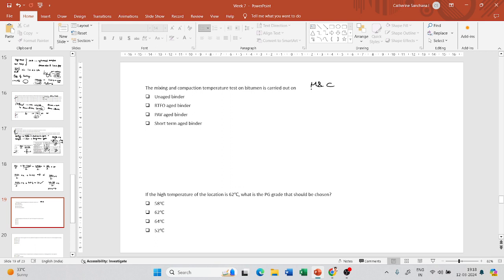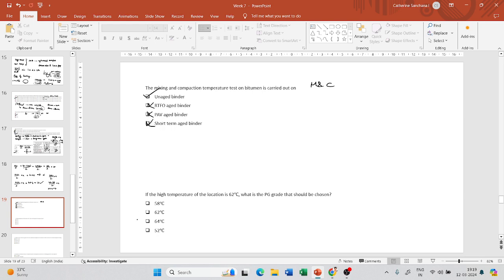So mixing and compaction temperature causes short-term aging in bitumen. So in order to find out the mixing and compaction temperature, you cannot use a short-term aged bitumen, because bitumen undergoes short-term aging on mixing and compaction. So to find out the mixing and compaction temperature, you should use an unaged bitumen. Okay. So it is not any of the other options.